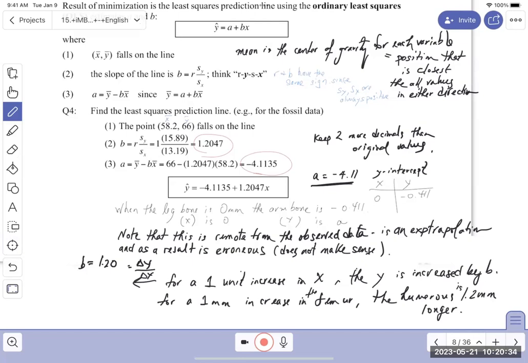So that's my interpretation. And so what do I do with the R? So that's my A, that's my B, and what does R tell me? How do I write about the R?